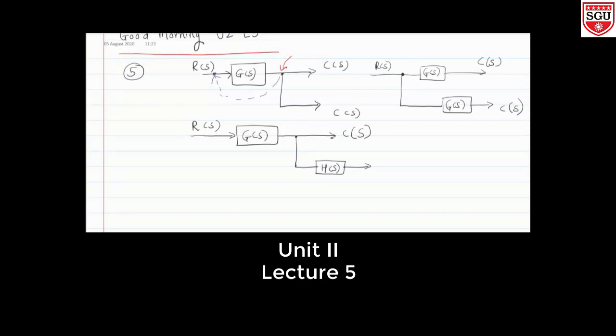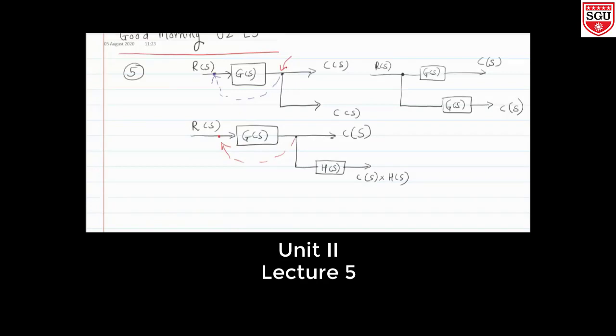And here you can write as output, which is nothing but C of S multiplied by H of S. Now I want to shift this point to here, backward from the original position.